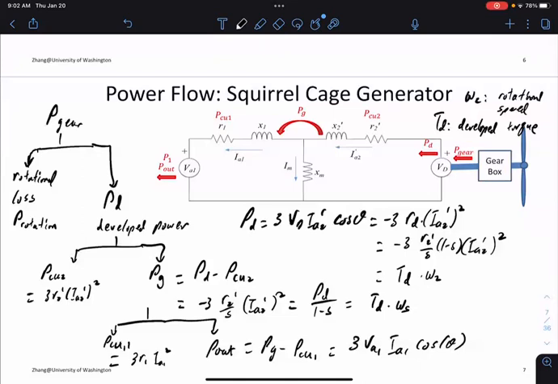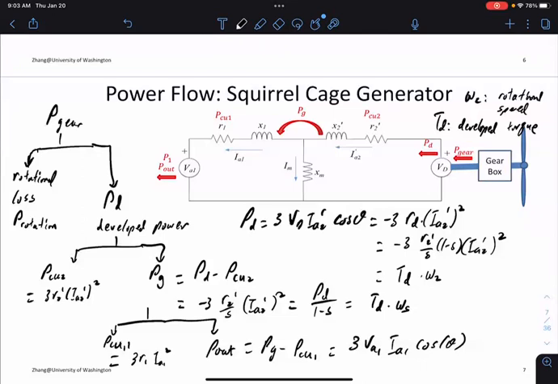Okay, so this is a good question. If you talk about an induction machine being a load, then the developed torque depends on the slip, right? Normally we think if the slip is 0, then there should be no torque being developed, if we think of this as a load. The point here is we have a generator, and for the generator, there will always be a torque, because if wind is blowing, there will be a torque generated in the gearbox.